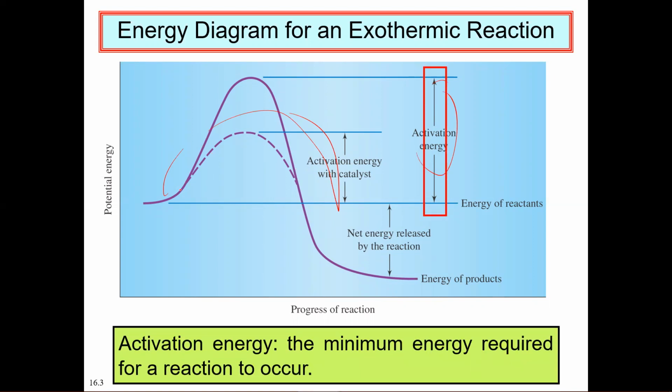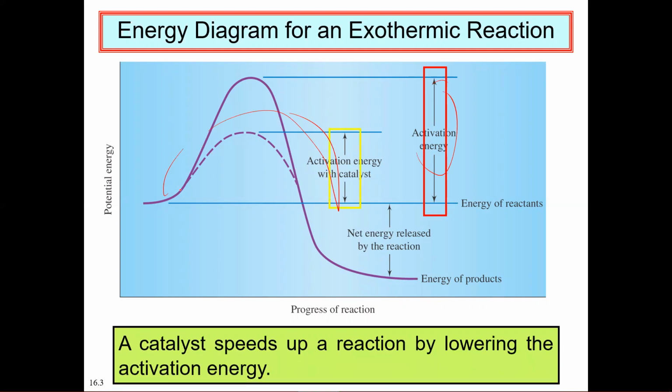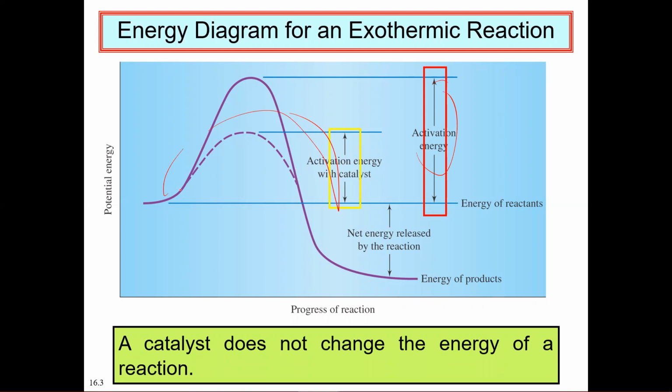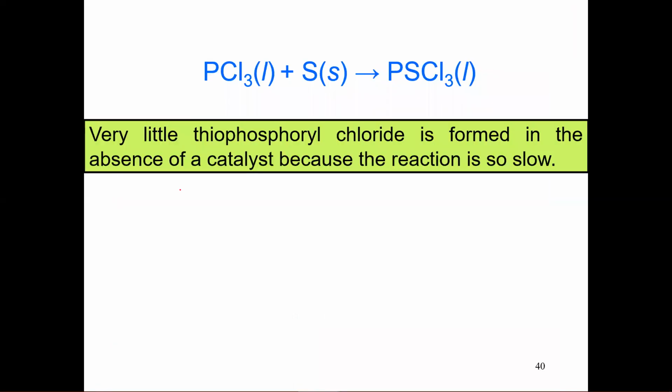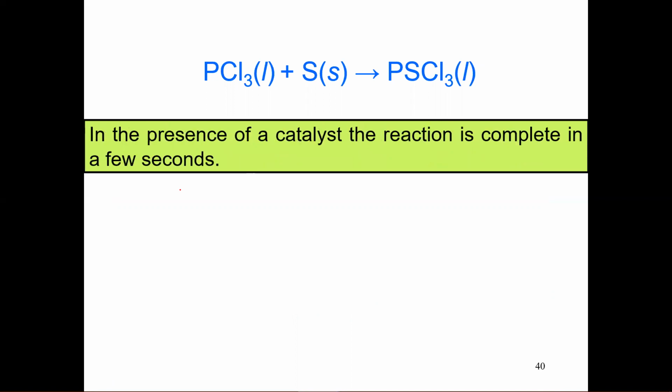The activation energy is the minimum energy required for a reaction to occur. A catalyst speeds up the reaction by lowering the activation energy. It does not change the energy of the reaction. For example, the reaction to form thiophosphoryl chloride is very slow, but with a catalyst the reaction is complete in a few seconds.